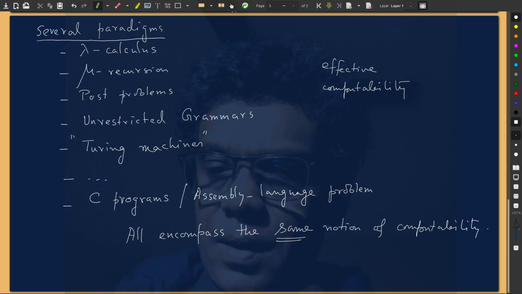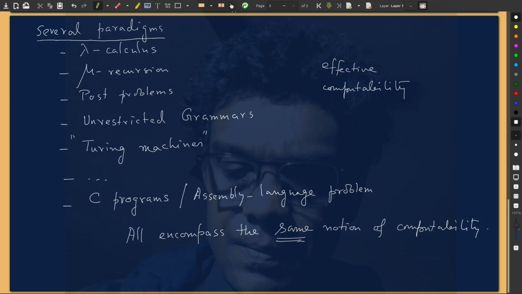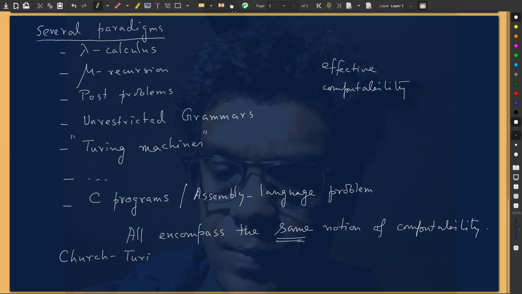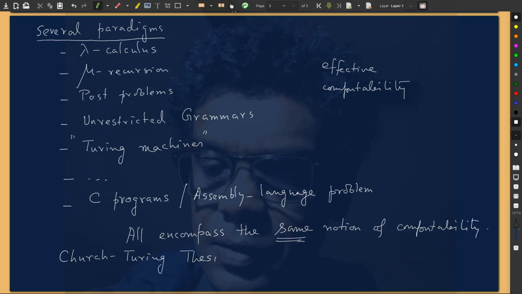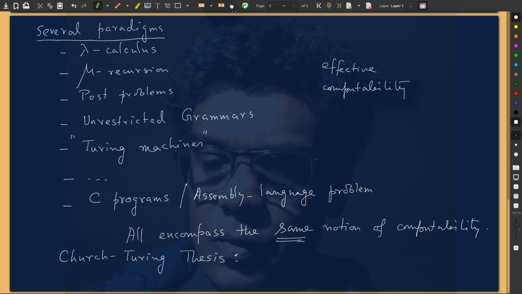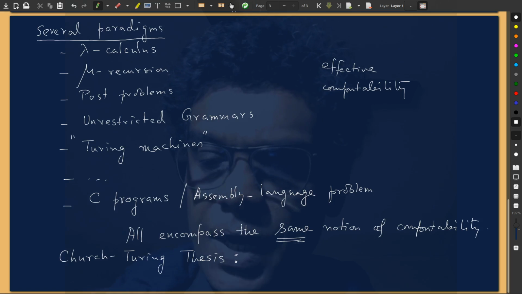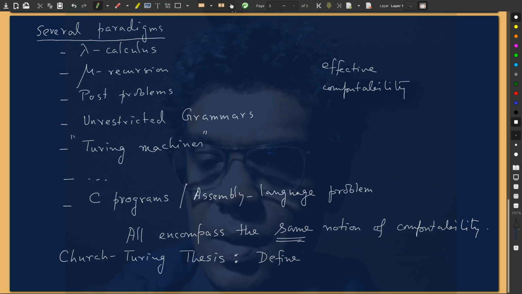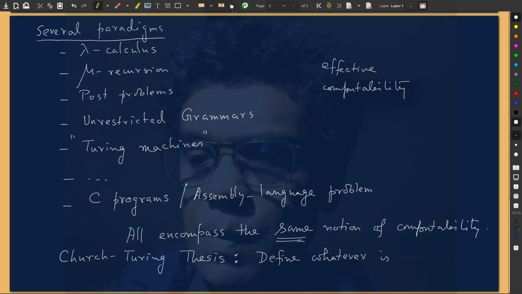Okay, so this sameness in all these different paradigms leads to something called the Church-Turing thesis. Thesis essentially means hypothesis. So each of these paradigms, lambda calculus or mu recursion or Turing machines or C programs, they define whatever is computable.